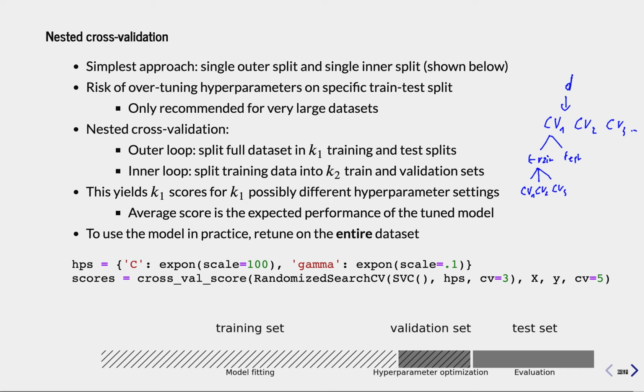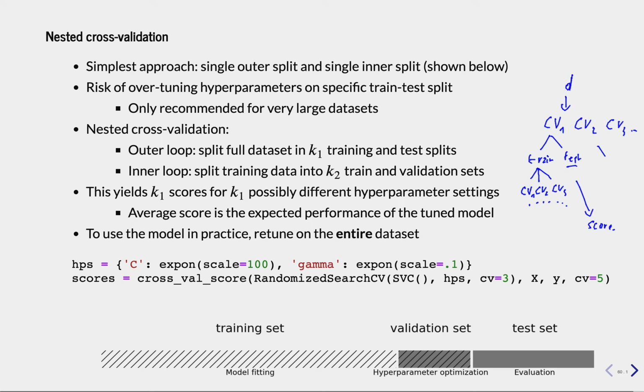We evaluate our hyperparameters on these. After we found our best hyperparameters, we retrain our model on the full training set and we test on the test data set, and that will give us the first cross-validation score, which is a score of the best hyperparameter setting we found in this split.